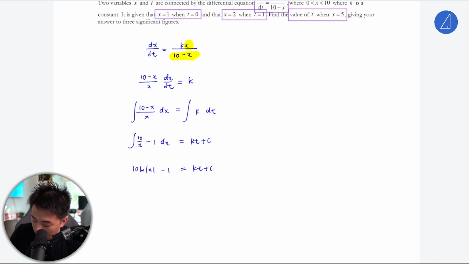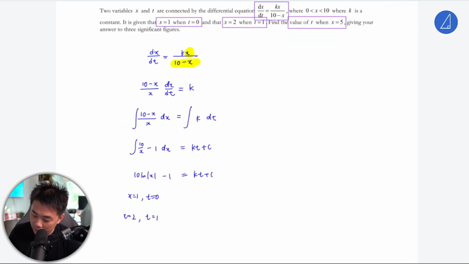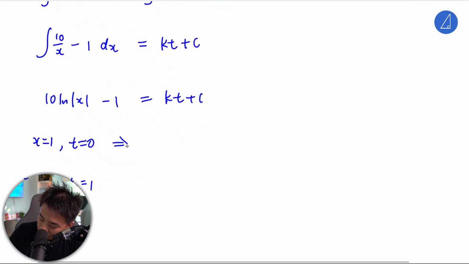So when x equals 1 and t equals 0, and when x equals 2 and t equals 1. Let's try and solve this. With x equals 1, 10 ln 1 minus 1 equals k times 0 plus c.